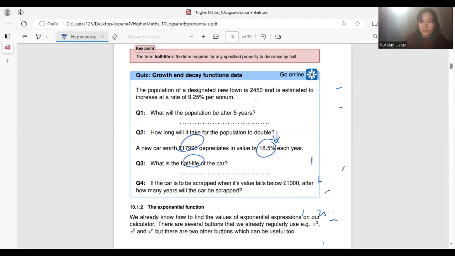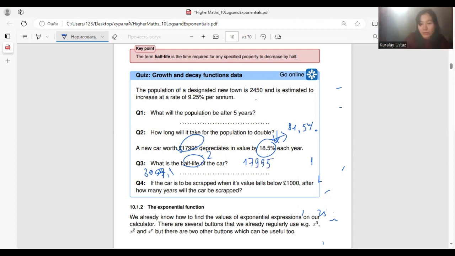Half value is just divided by 2. So the value gets cheaper to this, and the cost that is left is 81.5%, yeah?